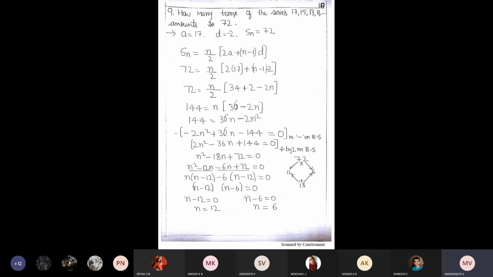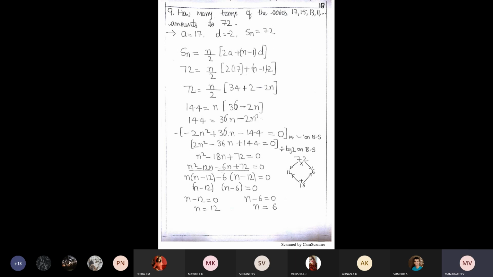You have to factorize 72 in such a way that the sum of the factors should give you the middle term, that is equal to minus 18.